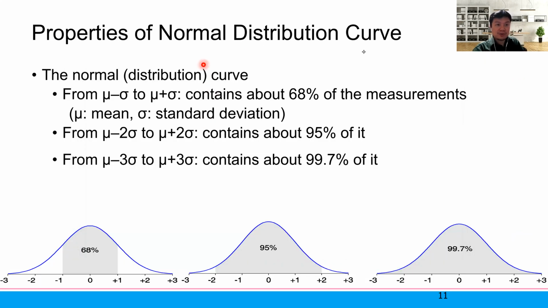The normal distribution may give you some understanding about the data. If it is in the range of 1 sigma, then it's very tight. If you have 2 sigma, it is looser, and if you have 3 sigma, it is even looser.